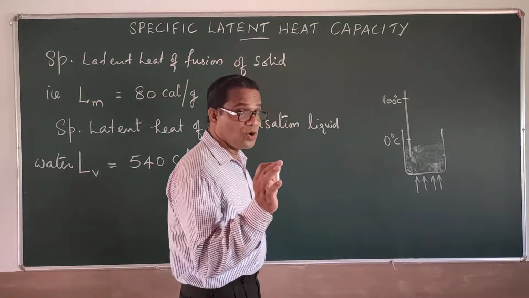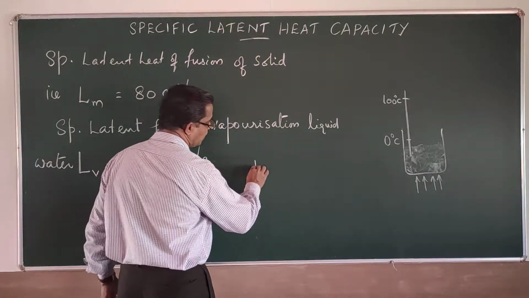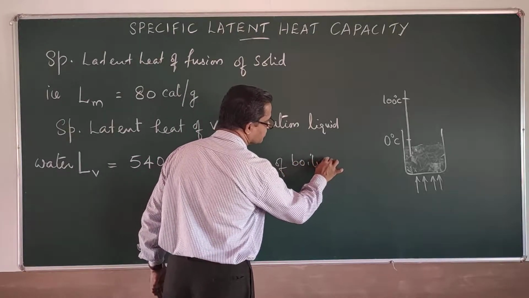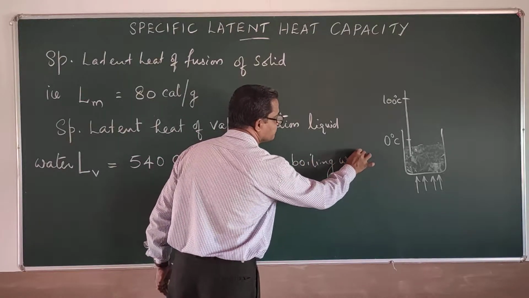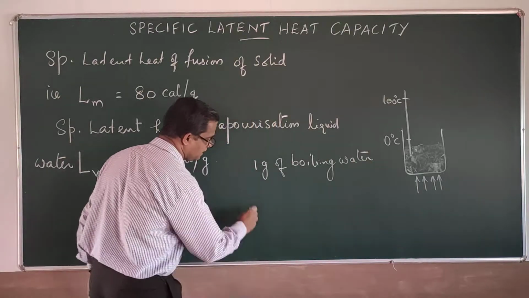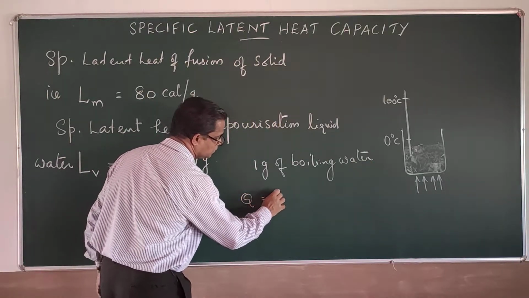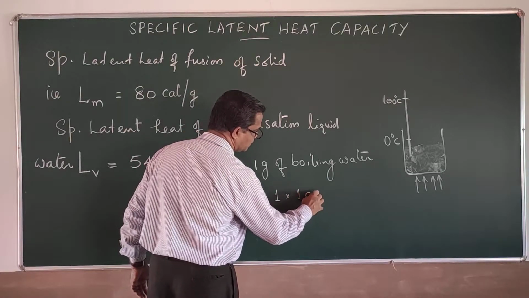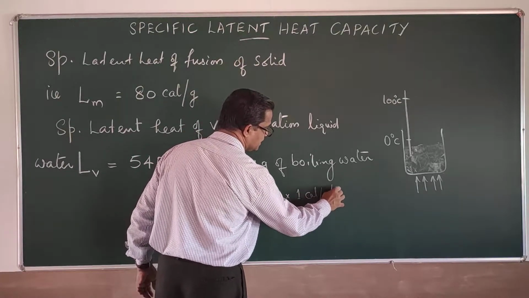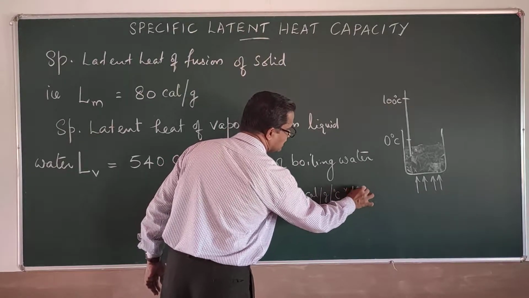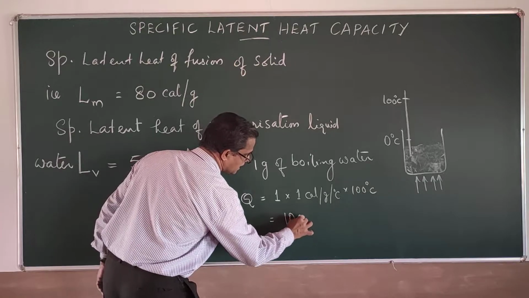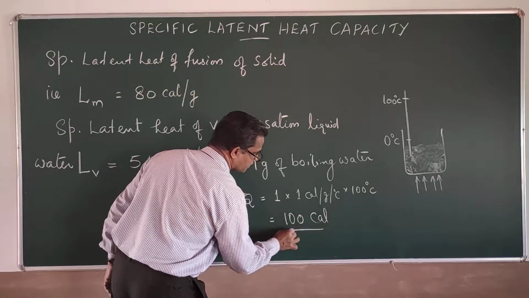Because 1 gram of boiling water will have an energy Q equal to 1 gram into 1 calorie per gram per degree Celsius into 100 degrees Celsius. That is 100 calorie only.